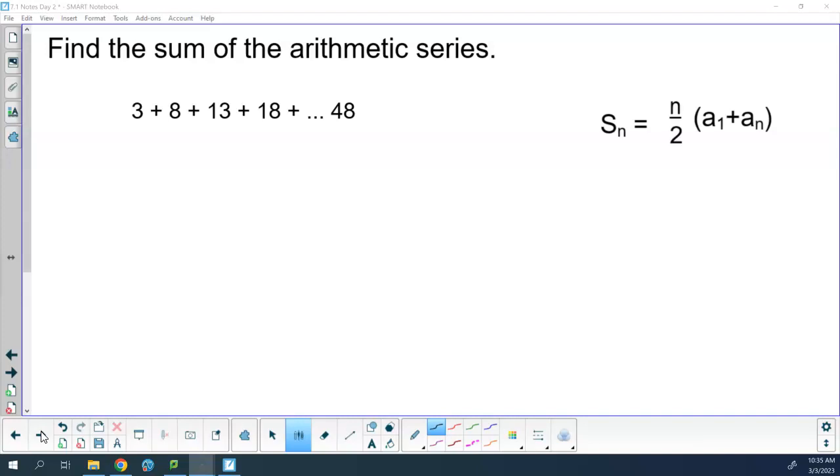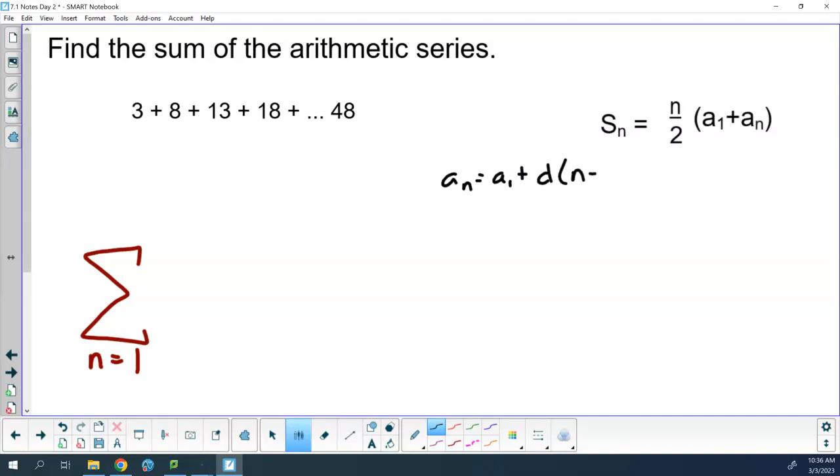Sigma first. Okay. So sigma is going to start with a big old sigma. Letter. N. Branching out. Gotcha. N equals 1. Like it? So then over here, I'm going to go a sub n equals A sub 1 plus D times N minus 1.